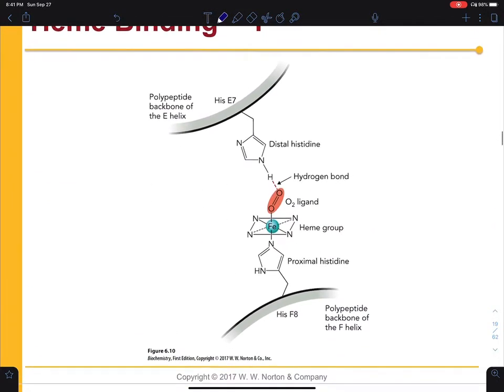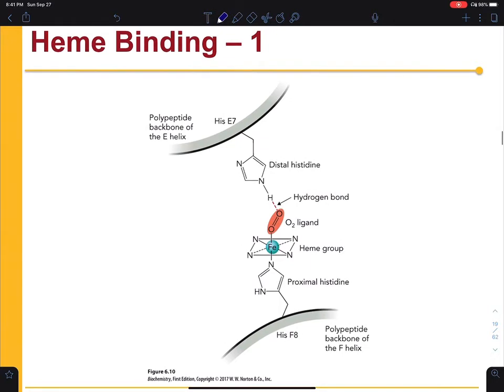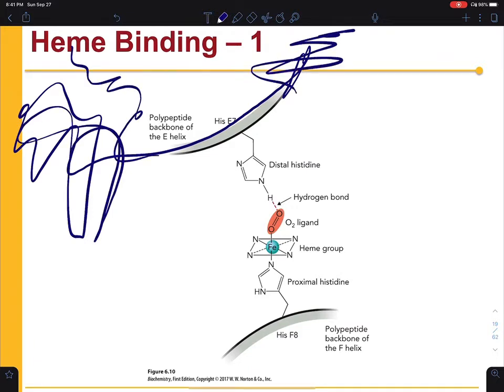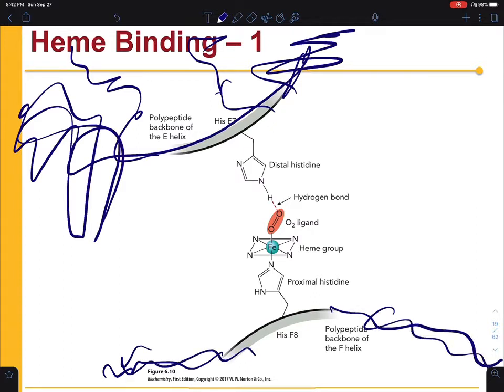All right, so here's a look at the heme group in its native environment. This is the protein, it's going to do all of its protein stuff. I should draw alpha helices here. Here is another subunit, and we'll see that these are different areas of the same protein.